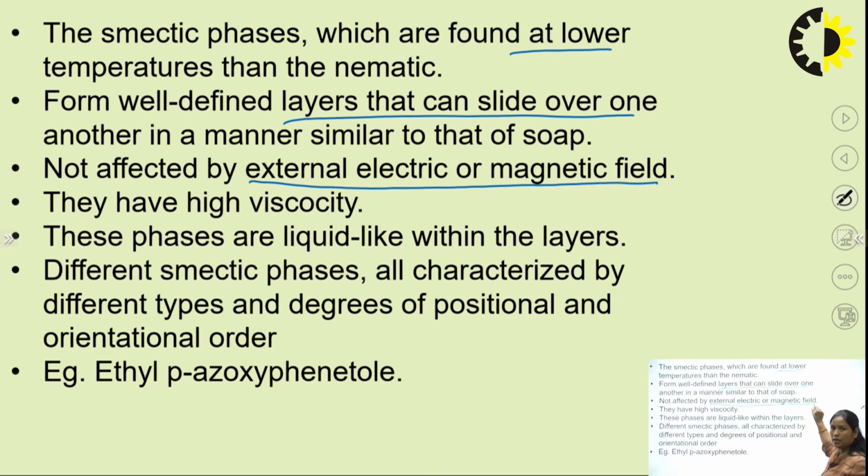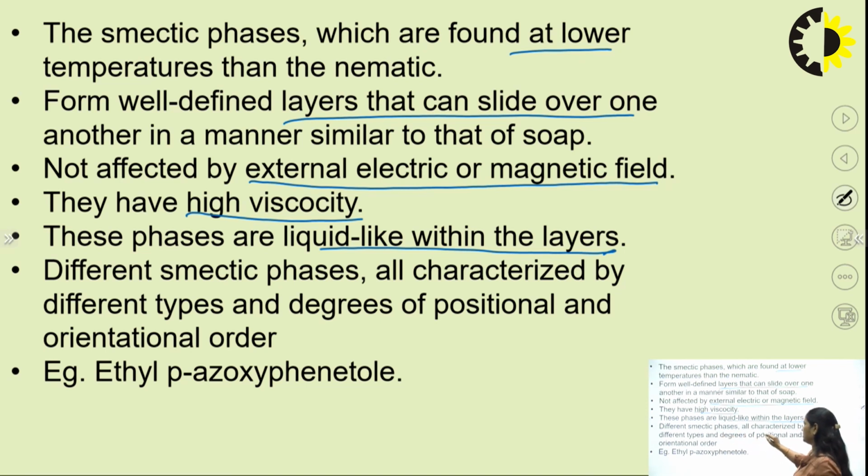You have seen that nematic liquid crystal gets aligned in the presence of external electric and magnetic field. They have high viscosity, while nematic liquid crystal is less viscous, more like liquid. These phases are liquid-like within the layer, so they show movement within the layer. But if we observe the whole crystal from outside, it looks just like solid, but it is not solid. The molecules in the layer are actually moving.